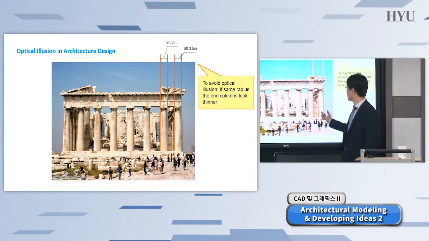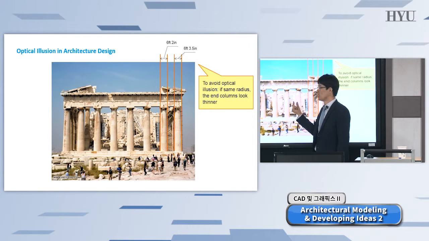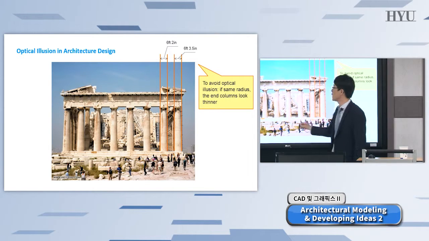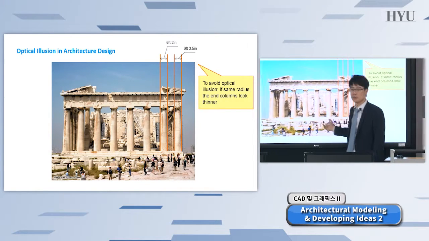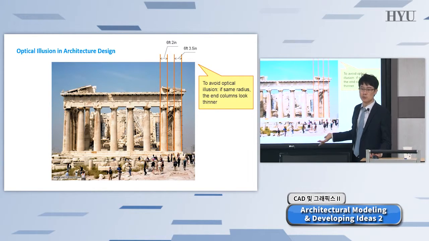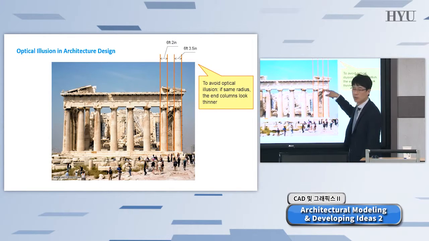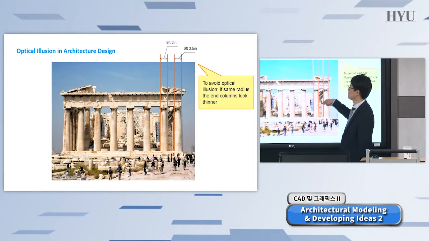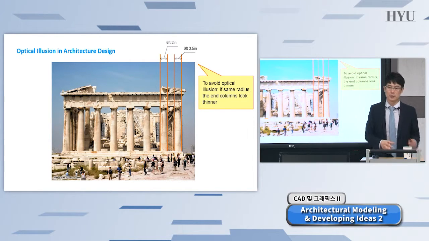Simply because if they are physically equal, the same radius, the same dimension, people tend to recognize those 2 columns as looking thinner than the others, okay? To prevent such unintended illusion, at the time, for this ancient building, architects and designers already knew that and applied it in their design implementation, okay?